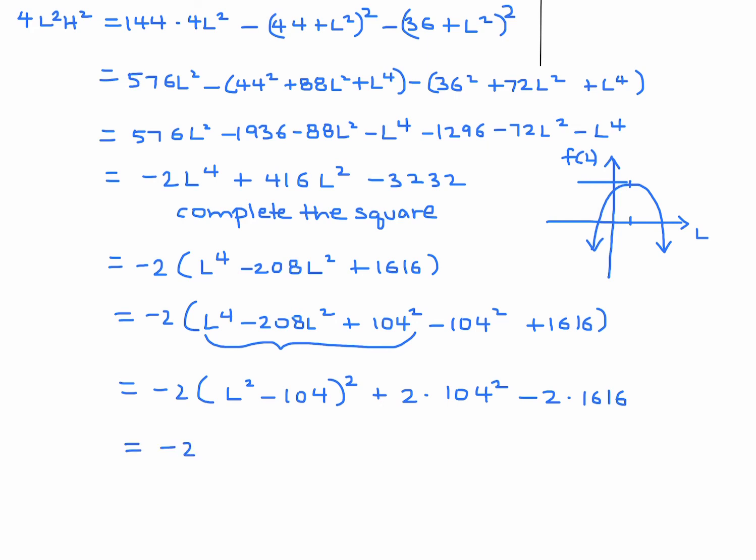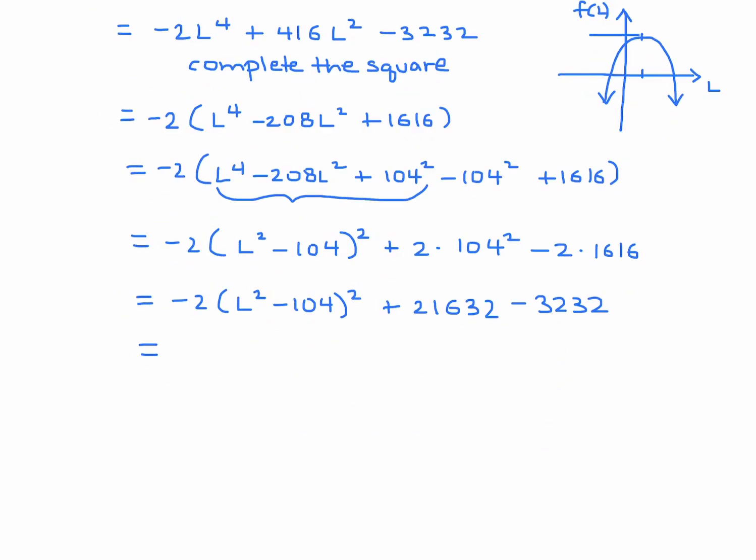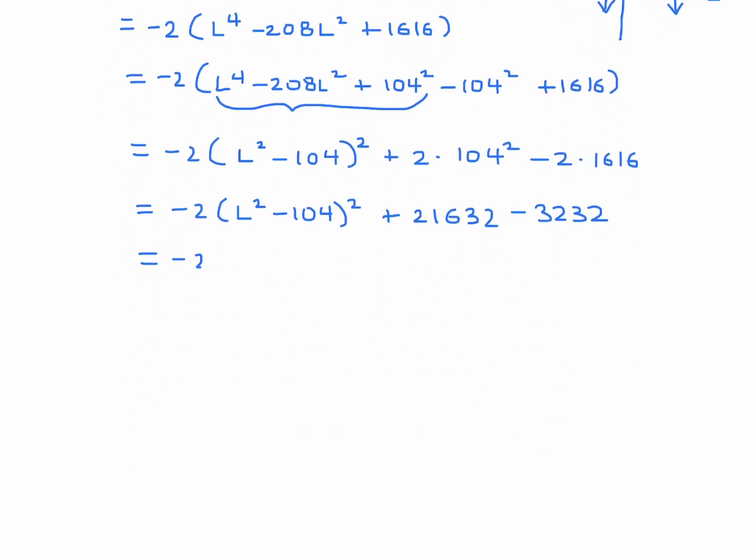So this is minus 2 L squared minus 104 all squared. And this becomes 21632 minus 3232. And finally, that is going to be minus 2 L squared minus 104 squared plus 1840. And let's not forget what that was. It was 4L squared, H squared.